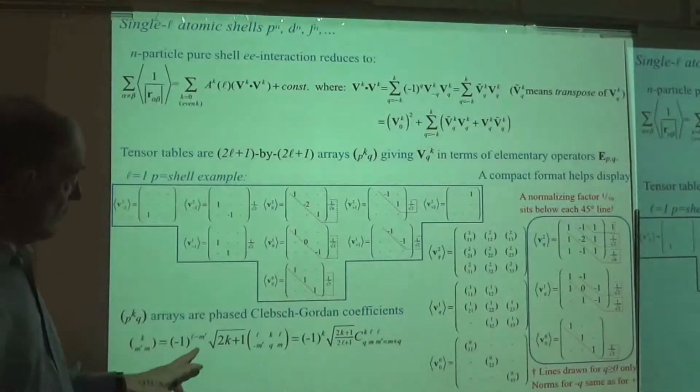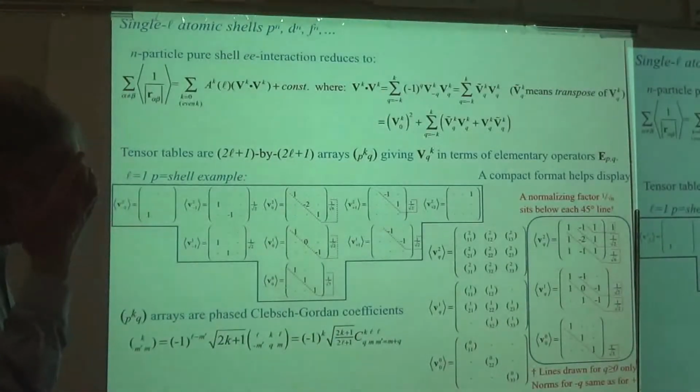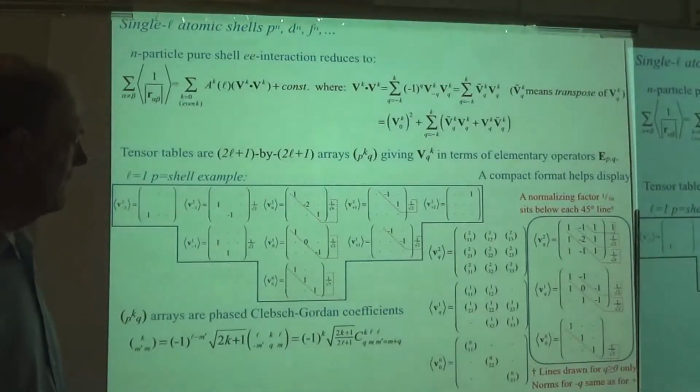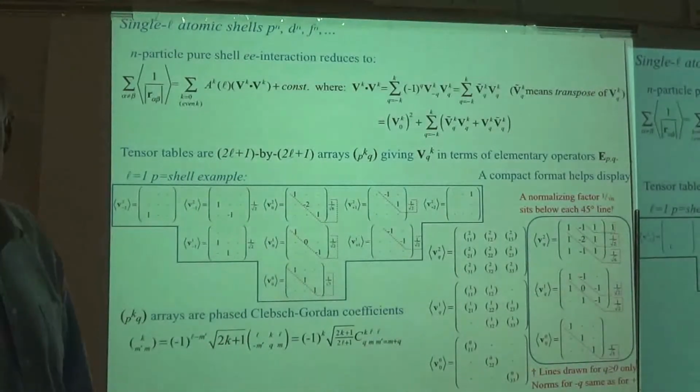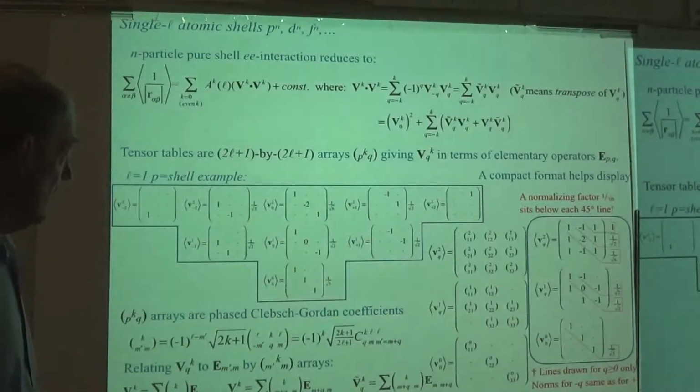But in any case, this formula is golden. The one with the Clebsch-Gordan has got an extra (-1)^k, which I tried valiantly to get rid of, but I can't, so it's there to stay. This formula is correct. It's just that I didn't have it there before.